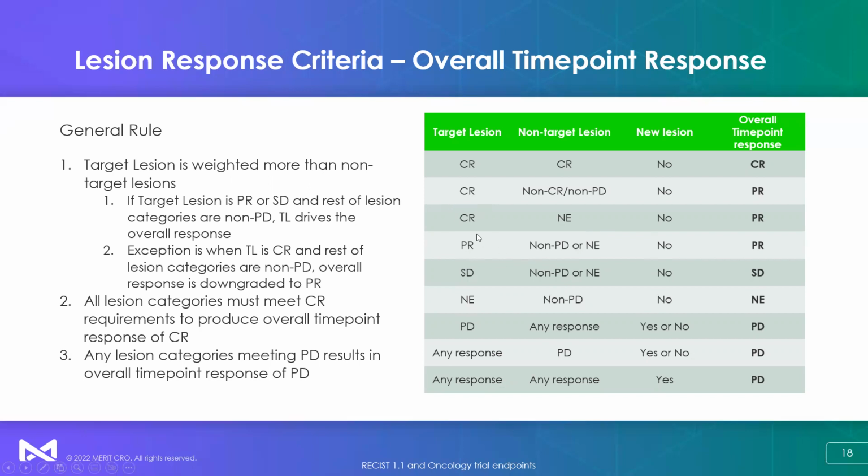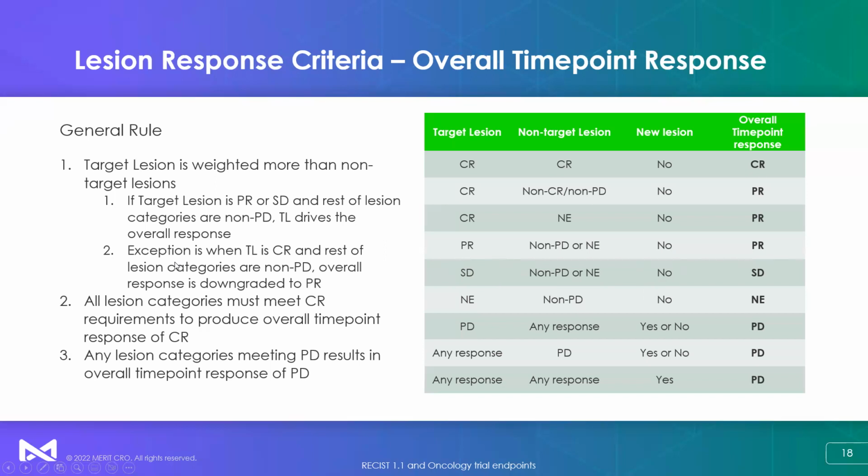The target lesion value becomes the same as the overall time point response, since the target lesion is weighted more and has more effect on the overall response. One example is a partial response with non-target NN and no new lesions. The overall time point response becomes PR, driven by the target lesions.